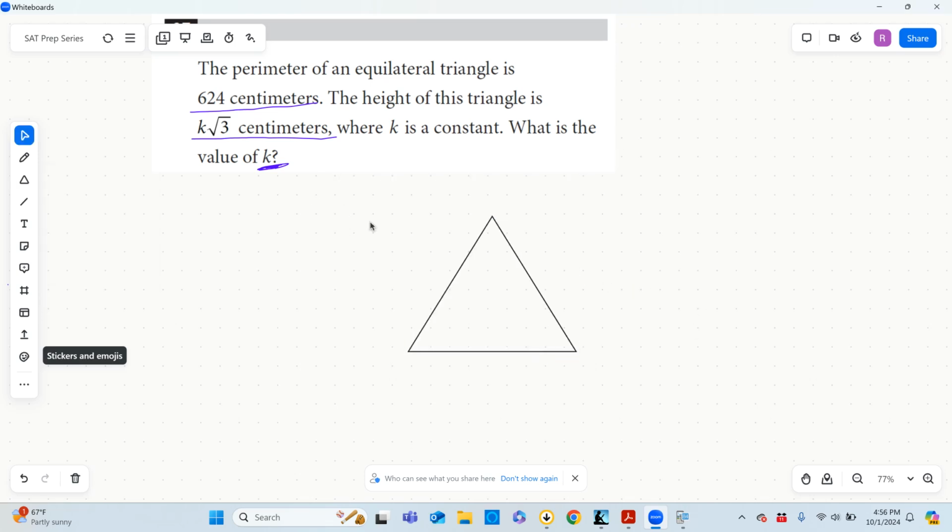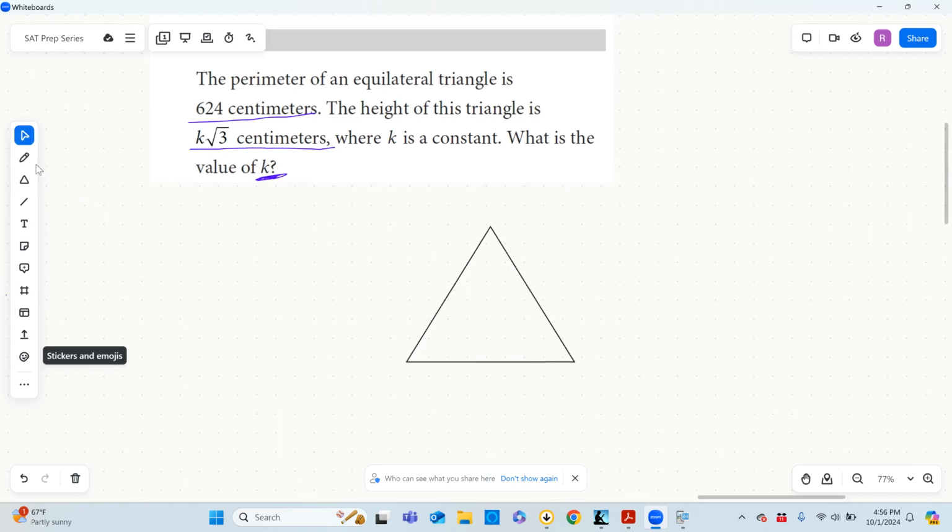What do I know about an equilateral triangle? Well, on an equilateral triangle, all 3 sides should be congruent, which means they're the same length. Okay? And if they're giving me a height, that's going to be an altitude that drops from one of these vertices down to the base.